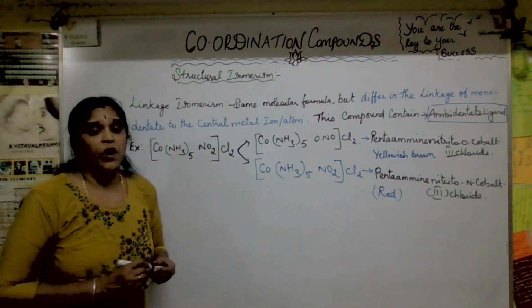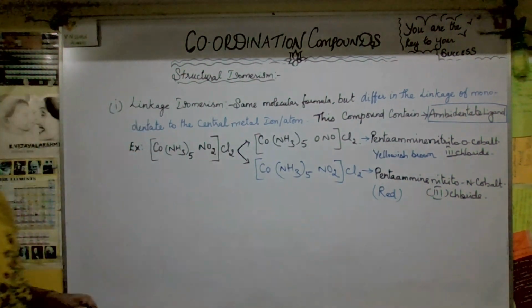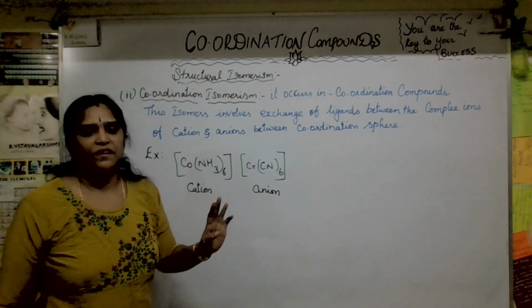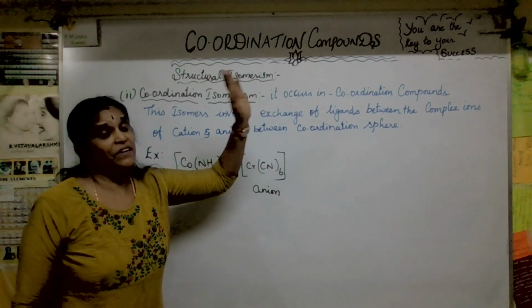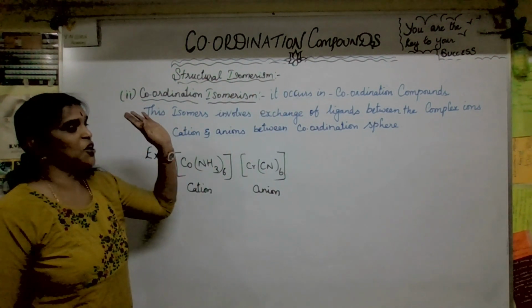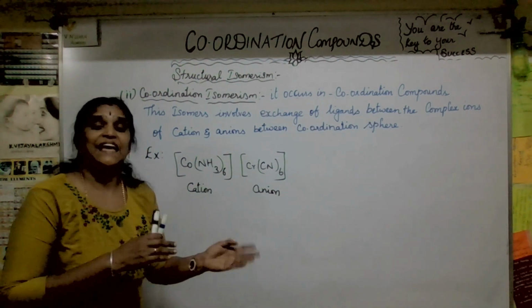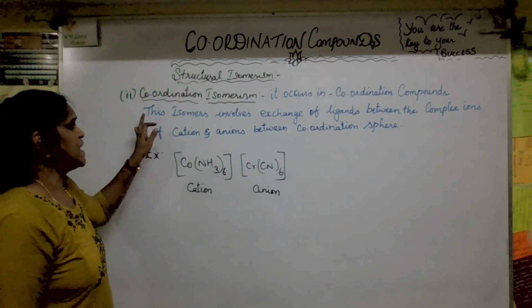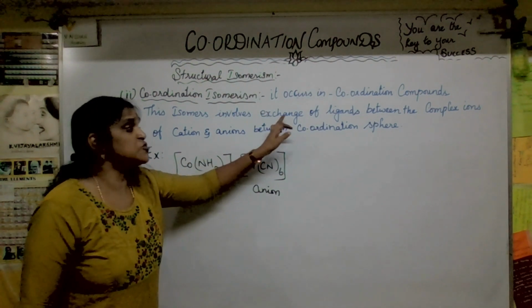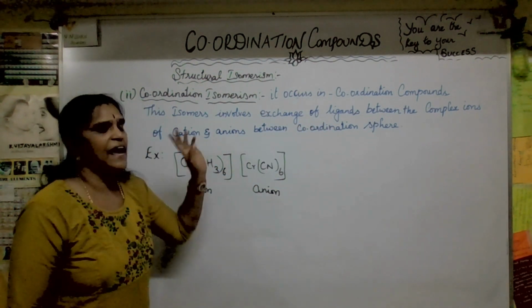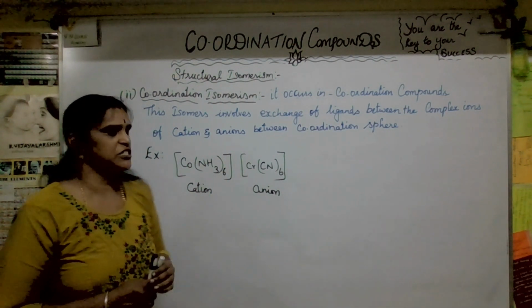Now the next one, coordination isomerism. This coordination isomerism will happen only in coordination compounds, and this is exchange of ions, that is cation and anion. These isomers involve exchange of ligands between the complex ions, the cations and anions, between the coordination spheres.